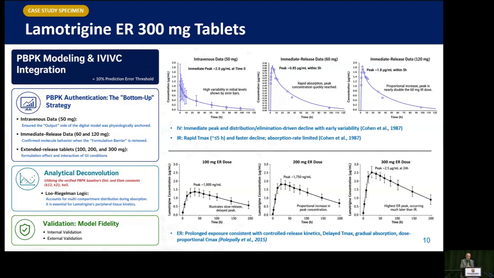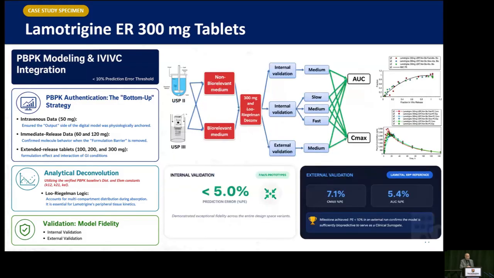And then we have used our formulation to validate the PBCOP model and to define the safe space. So for this one, we have moved all the data from USP2 and USP3 under both biorelevant and non-biorelevant conditions. And this is coupled with Loo-Riegelman deconvolution.